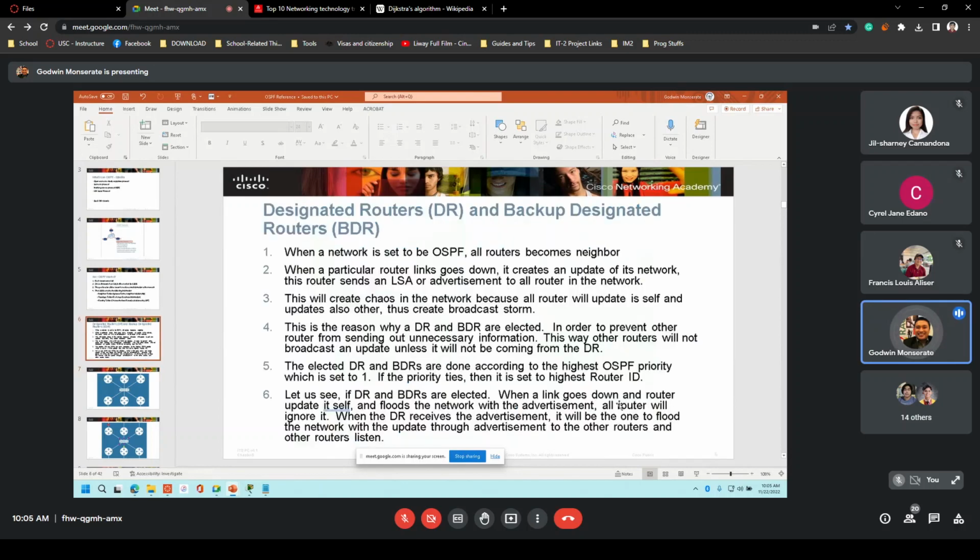That's why when a network is set to OSPF, all routers become neighbors. If a particular router link goes down, it creates an update of its network. This router sends an LSA advertisement to all routers on the network. This will create chaos. Why? Because all routers will update themselves and update other routers too, thus creating a broadcast storm.